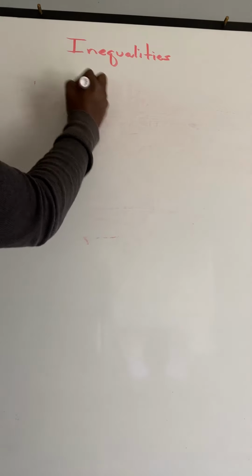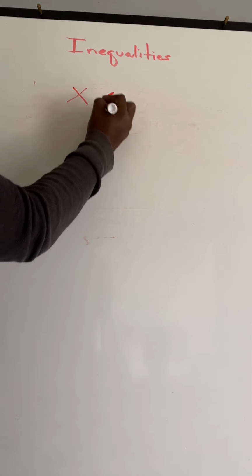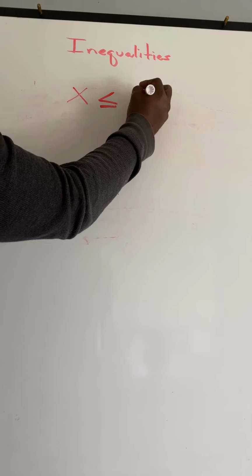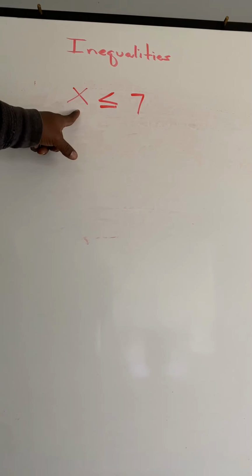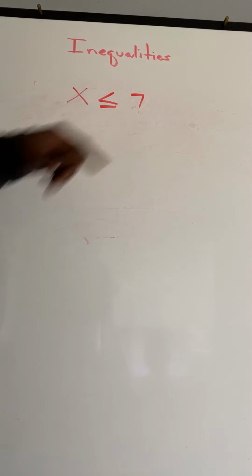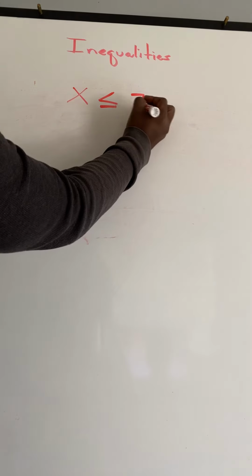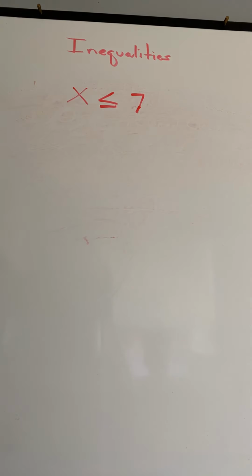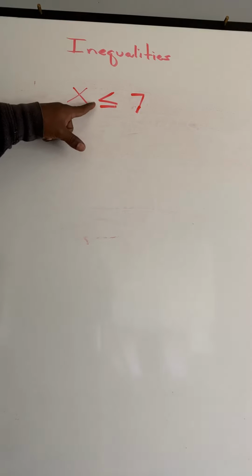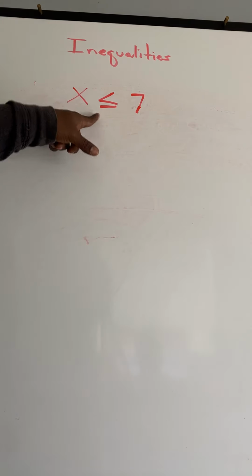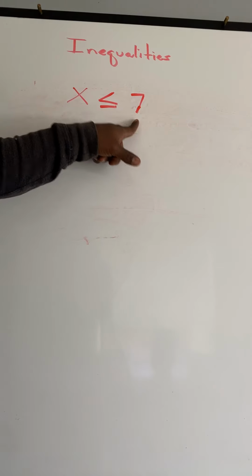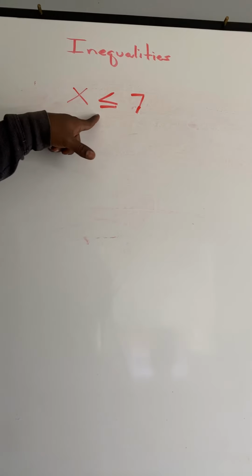We always want to read it from the variable out. Since I have the point at the x, it'd be x is less than or equal to 7.